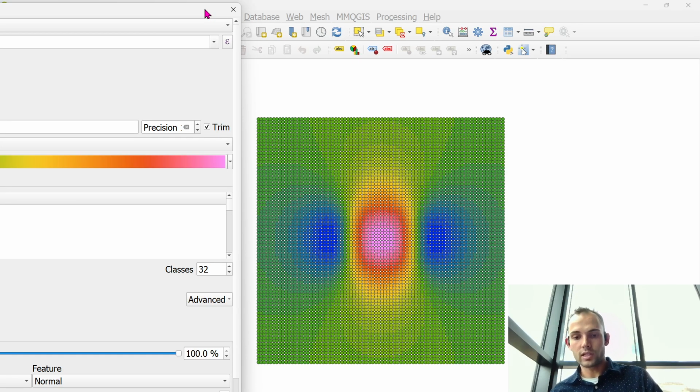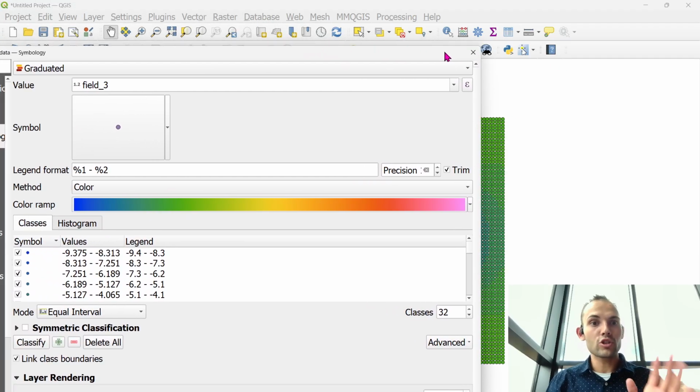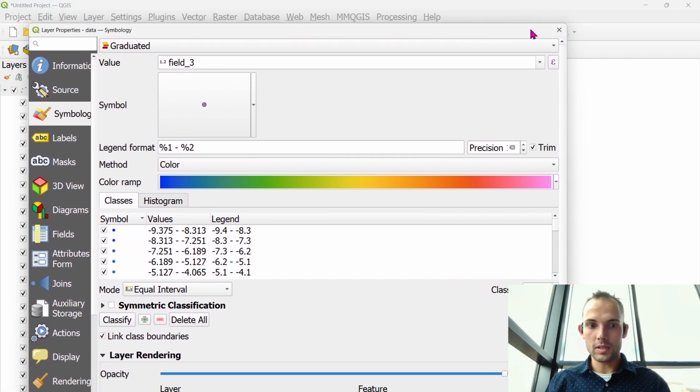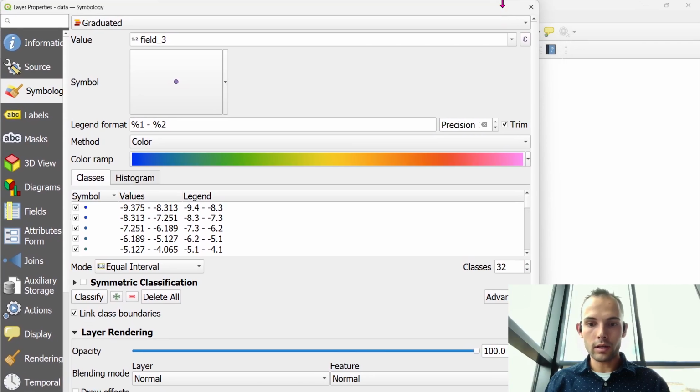But the geophysics people do the opposite. They do X positive north, Y positive east, and Z positive down. They're just trying to make right-handed coordinate systems, and because of that you'll get sign errors if you're not careful.